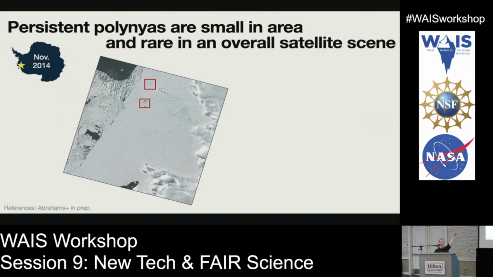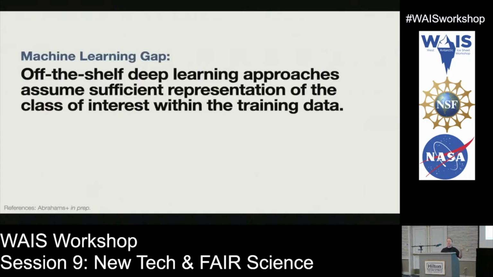There are 3 polynyas contained across these 2 boxes, and typically persistent polynyas are about 1 to 3 kilometers in diameter. And so in an overall Landsat scene like this, they make up a fraction of a percent of all the pixels in the scene. This actually brings us to our machine learning gap.